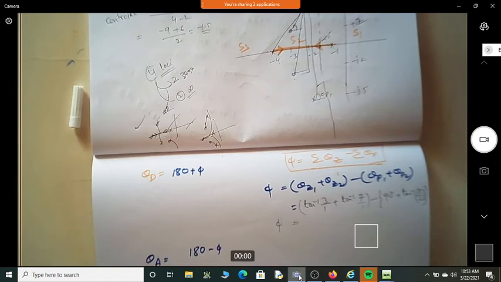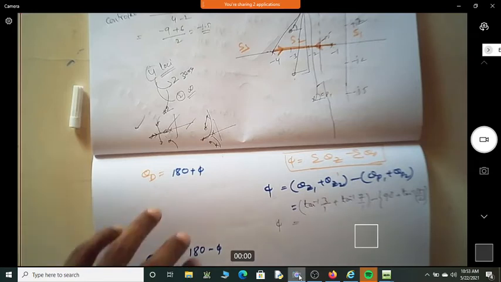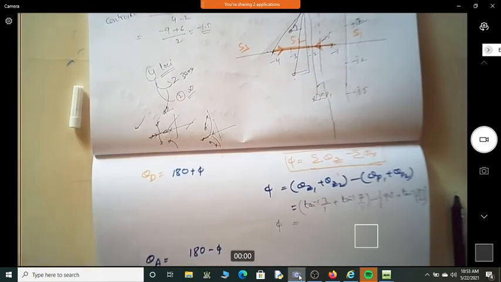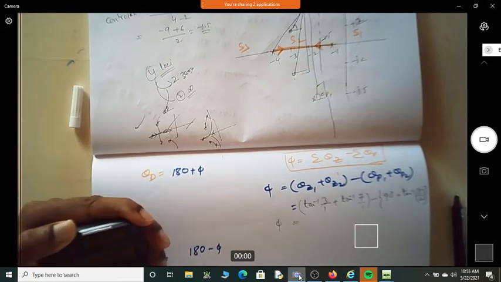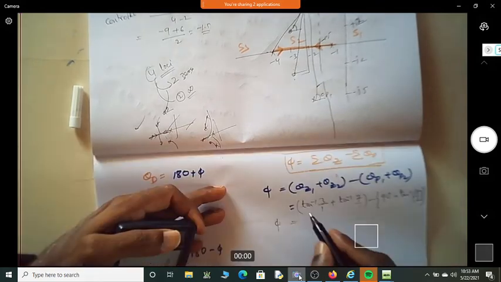This is your very simple trigonometric equation. How to find the angle? Theta z1, theta z2, p1, p2. How much? What is wrong with it? Tan inverse of 3, tan inverse of 7. Overall angle.